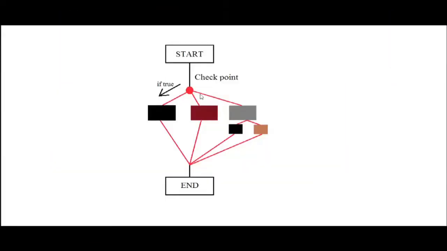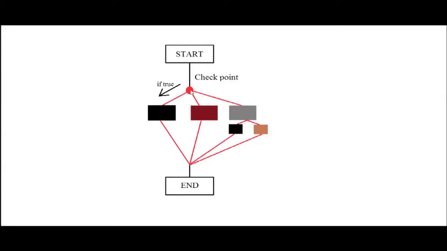So here again we start our program, we reach a checkpoint. Now let's say here we check with the condition if x is equal to y, that is if x and y have both same values. If it is true, MATLAB will execute these commands and again we will follow the main program and terminate it.